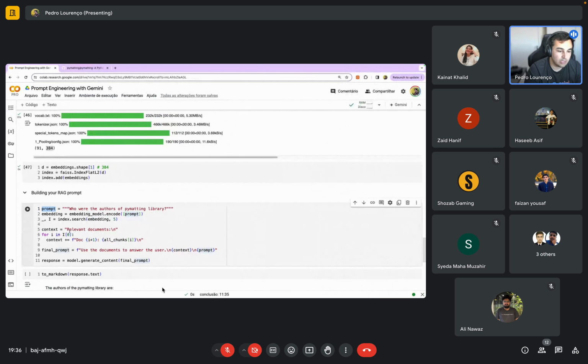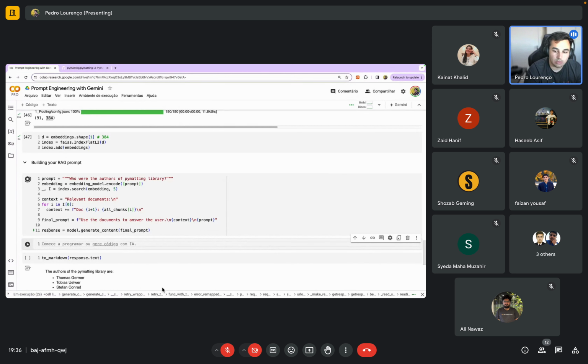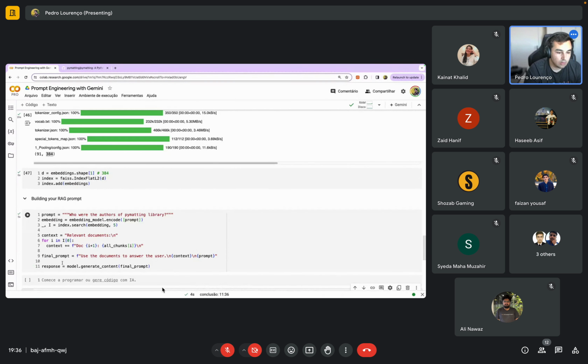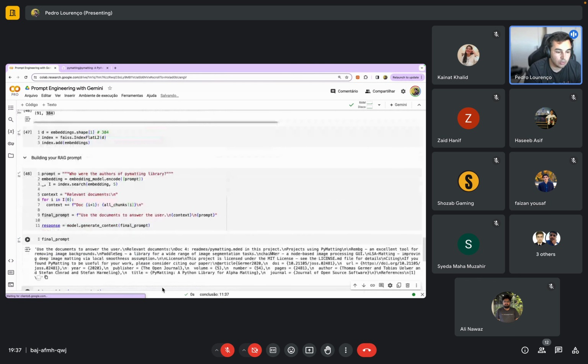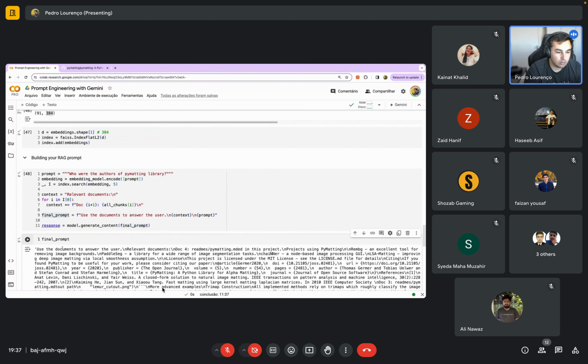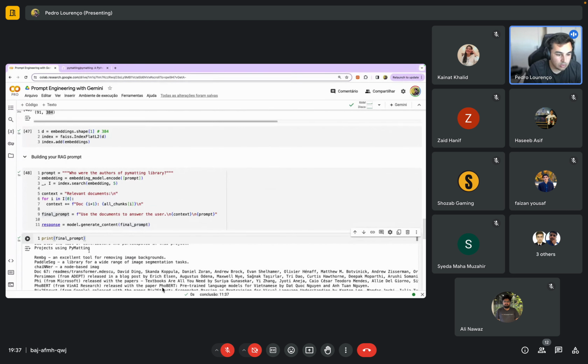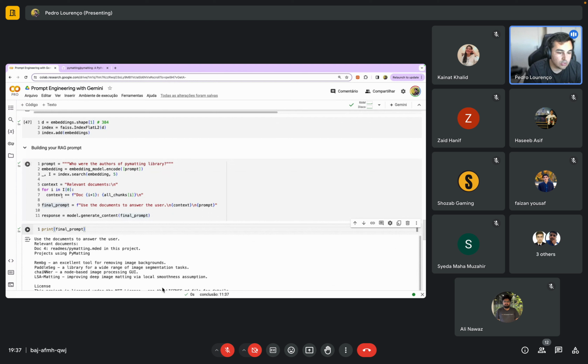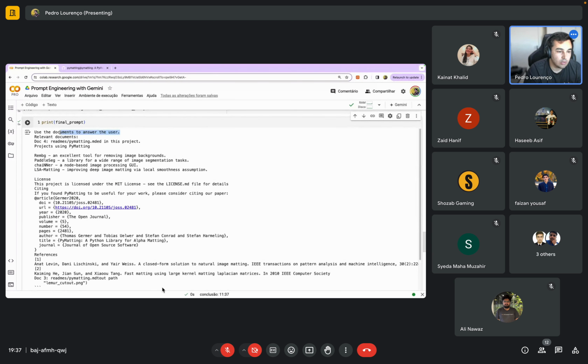the final prompt. So this is what we use to call the model. Let me just print it because it's easier to see. So, use the documents to answer the user. Relevant documents, doc4, and then we have the doc4 here. Doc3, and this number here is the index of the document, just this, nothing more.